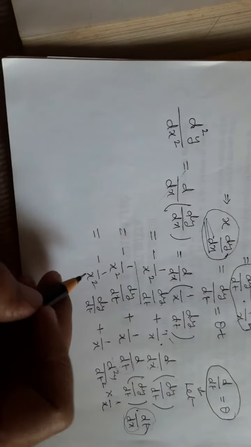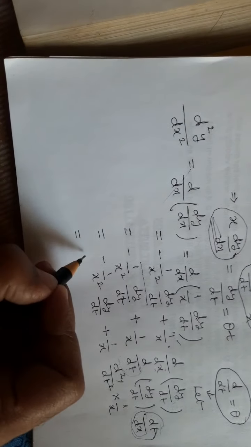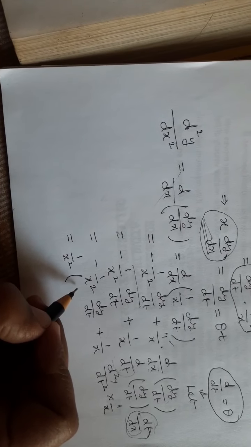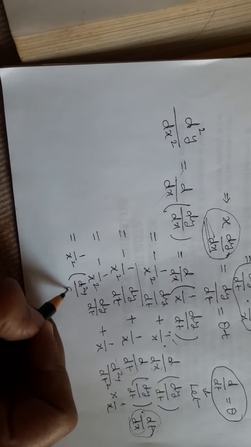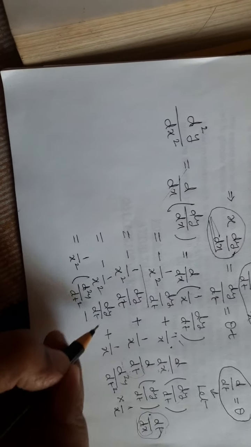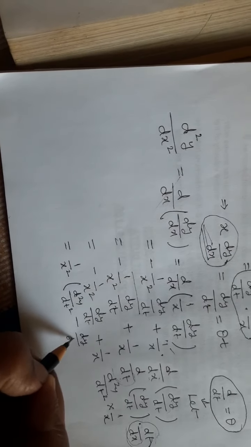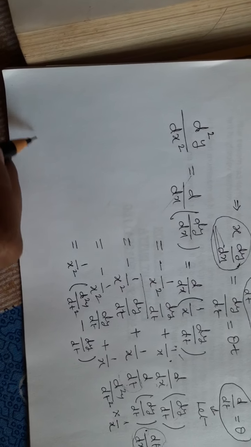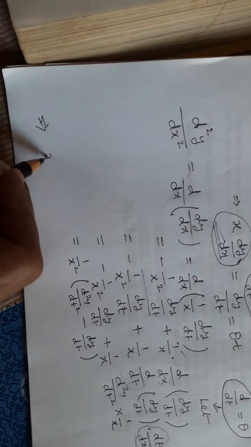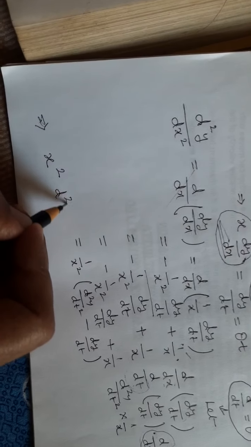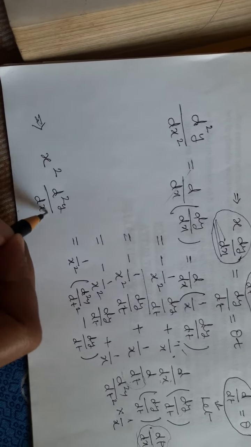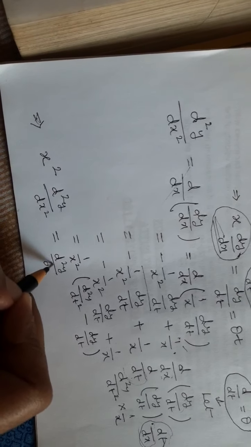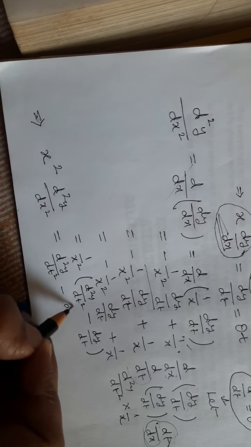Taking 1 by x square common, we have d square y by dt square minus dy by dt. Now we can write x square d square y by dx square equals d square y by dt square minus dy by dt.